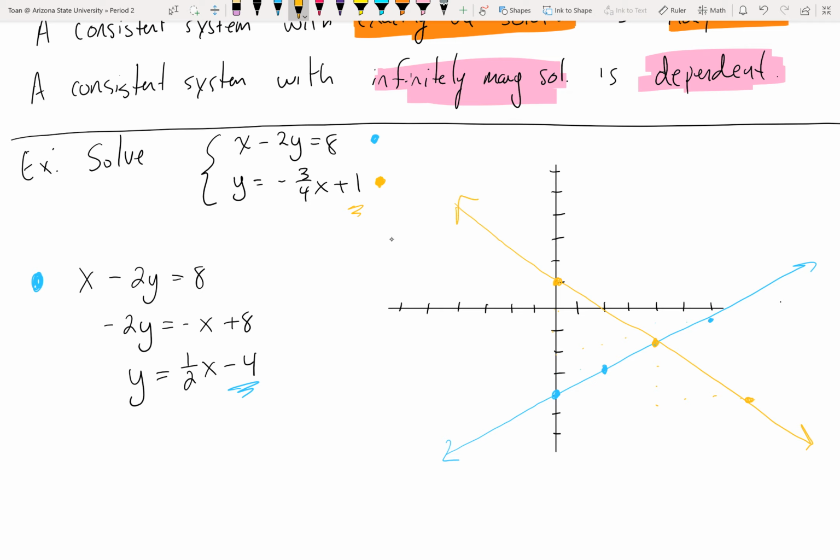So conceptually speaking, everything that's orange is the answer to the orange equation. Everything that's blue is the answer to the blue equation. If I want to solve a system, I want to find answers that fit into both equations.